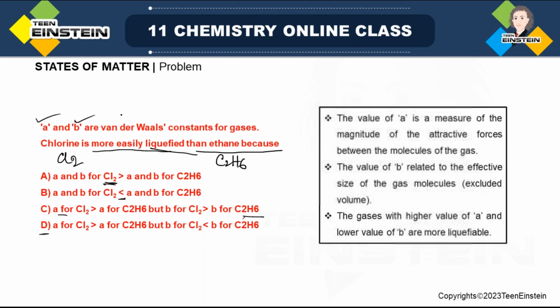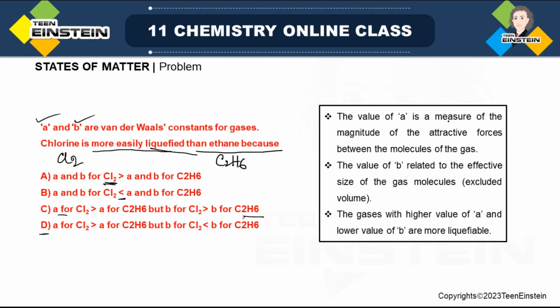So when A is large, as A is a measure of the magnitude of the attractive forces between the molecules of the gas, that means when the A value is high, the intermolecular interaction between the gas particles will be very high. That means you can easily bring them close to each other, which means that liquefaction will be very easy. So when A is very high, liquefaction will be an easier process.